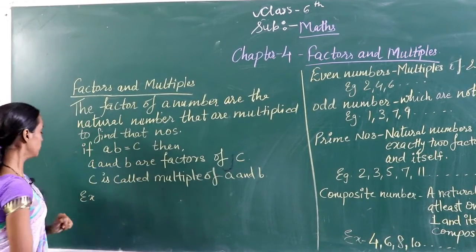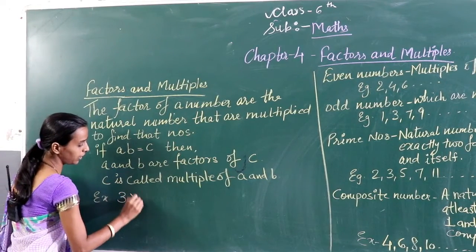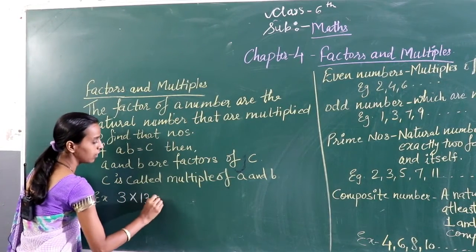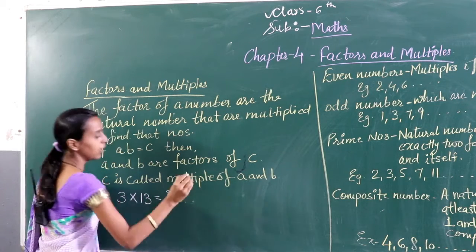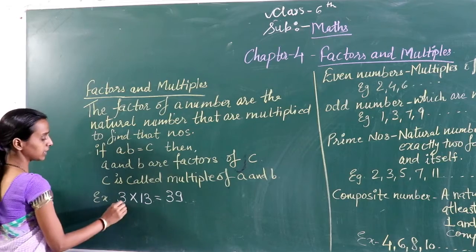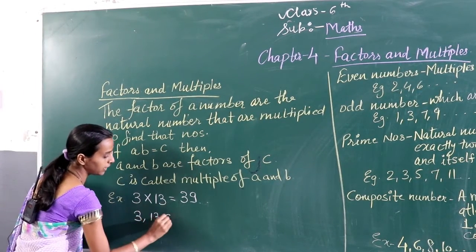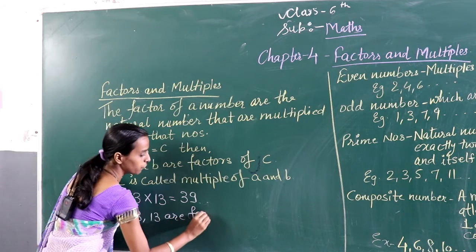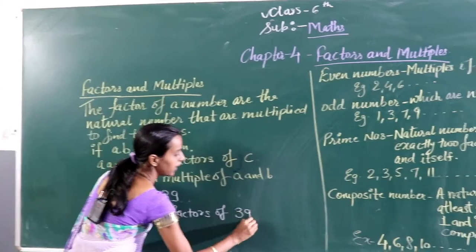Let's try to solve it with an example, so we will understand. If I write 3 into 13, what will be the result? 3 into 13 is 39. So in this case, this is A and this is B. So 3 and 13 are factors of 39.